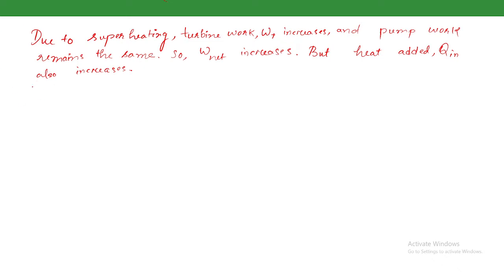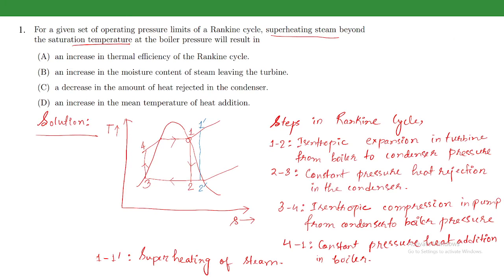Now let us consider the concept of the mean temperature of heat addition and rejection. Initially the heat addition process was 4 to 1, so the mean temperature of heat addition was somewhere in between 4 and 1. Now the heat addition process becomes 4 to 1 dash, so the mean temperature of heat addition will be something between 4 and 1 dash, which is higher than 4 to 1.